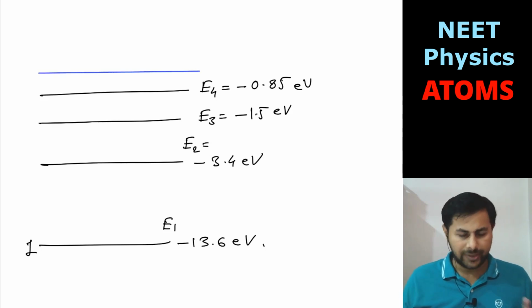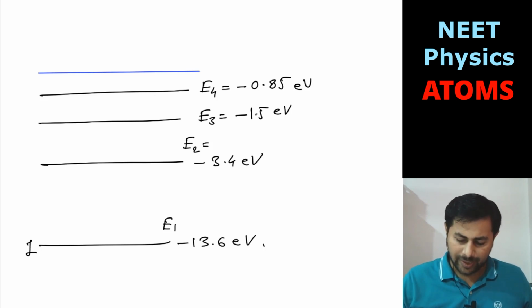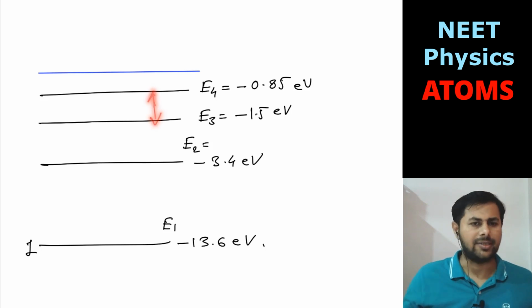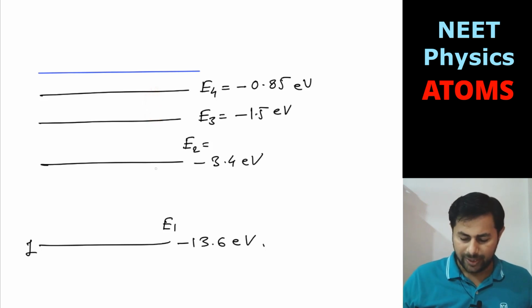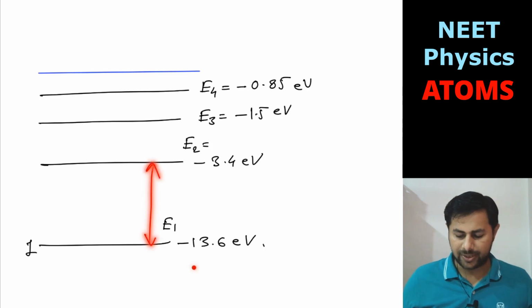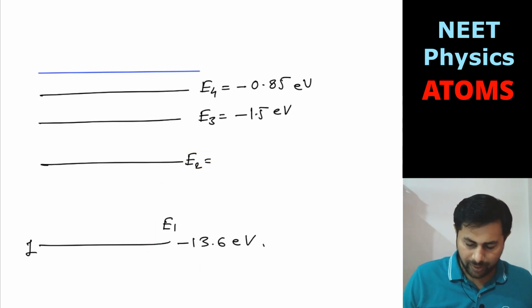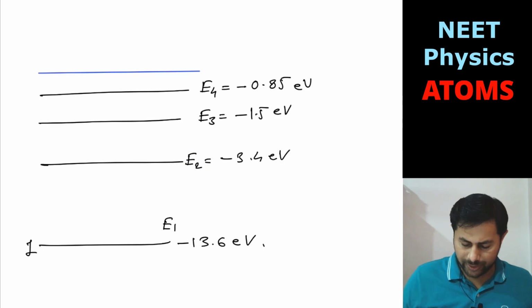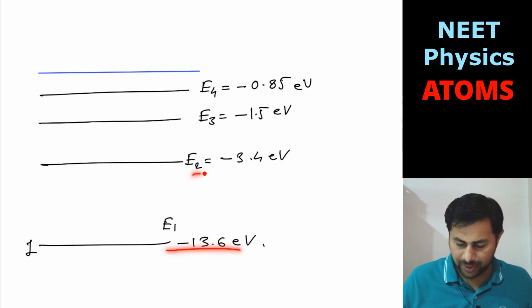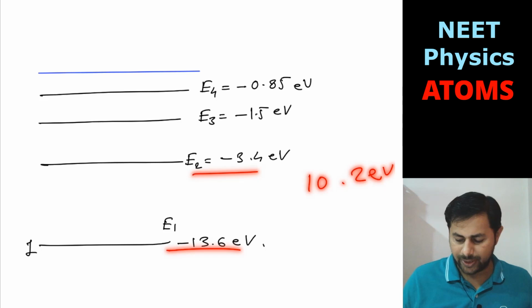Now you can see the energy difference between nearest states would be lesser if you go to higher and higher states. What do I mean by that? The energy difference between the first and second state: E2 is minus 3.4 electron volts, so this difference is 13.6 minus 3.4, which is 10.2 electron volts.